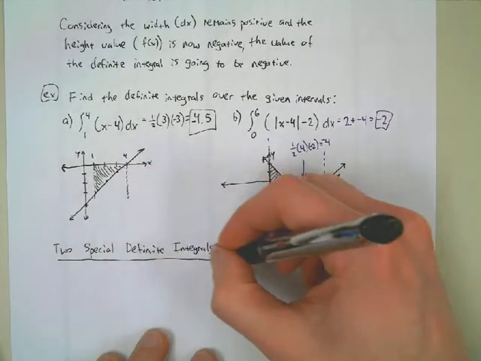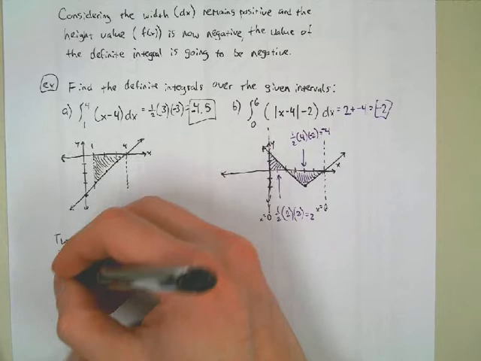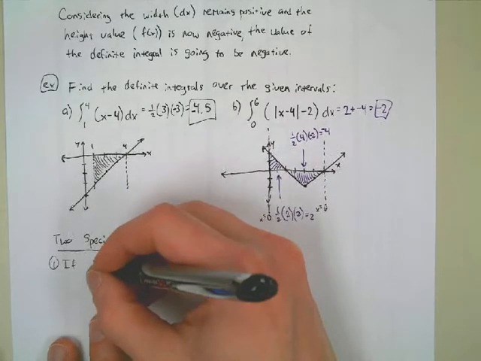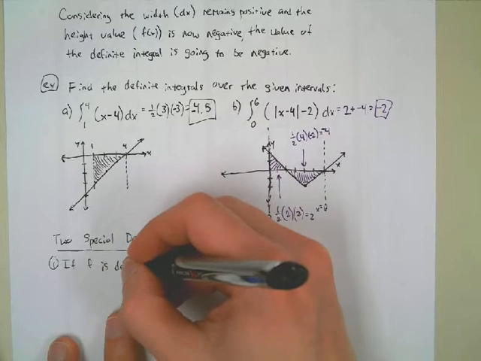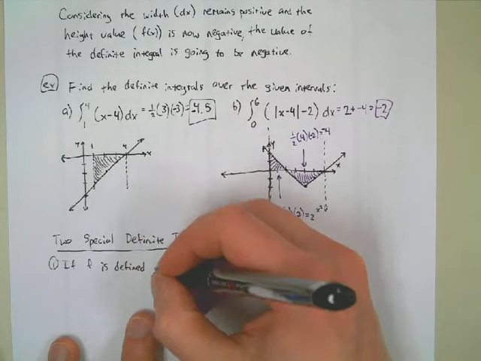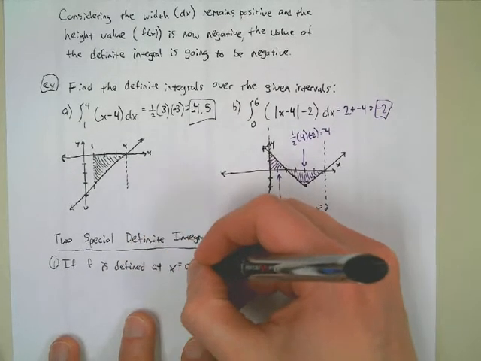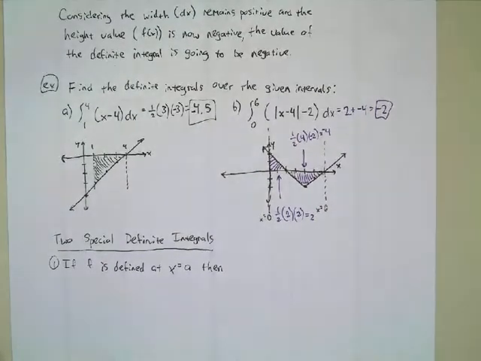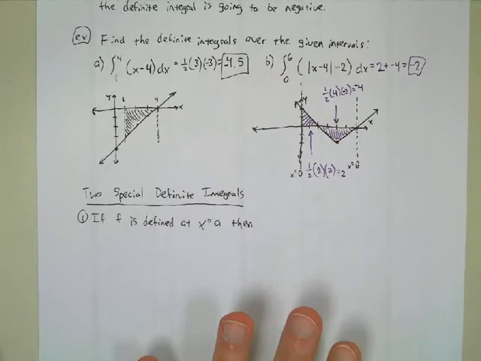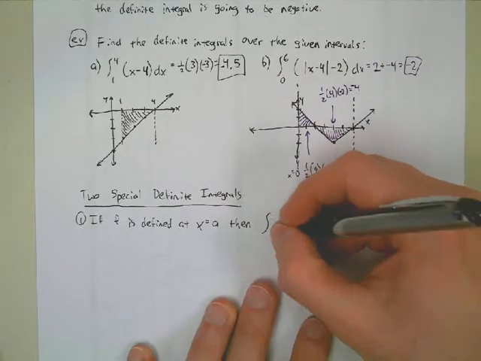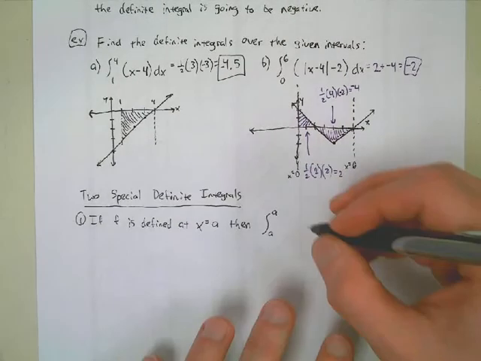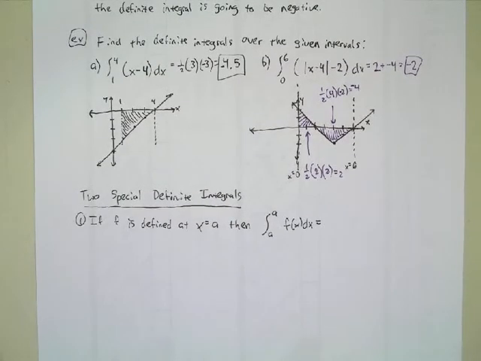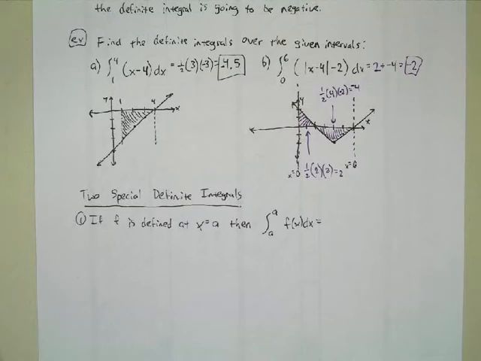Special integral 1: if f is defined at x equals a, then the integral from a to a of f of x dx is equal to, what do you think? 0. Okay, I hear 0. Any other ideas before I give the big reveal here?